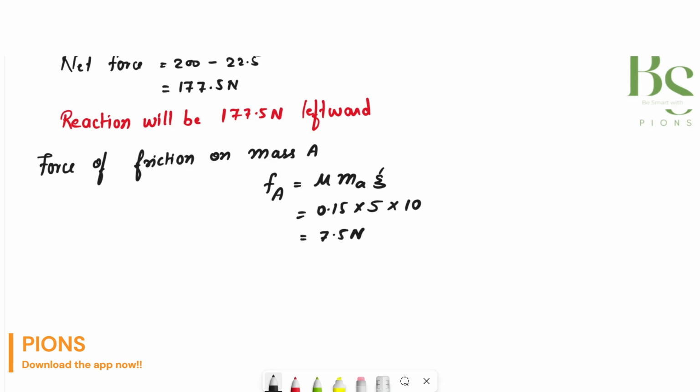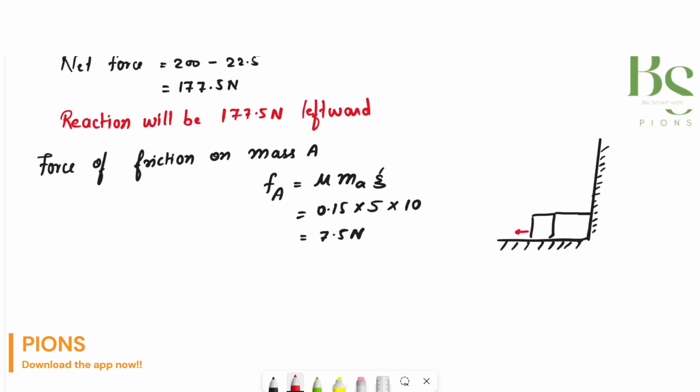So let's redraw this diagram. This is the first block, this is the second block, and this is the wall vertically over here. The friction experienced by the first block will be on the left hand side.